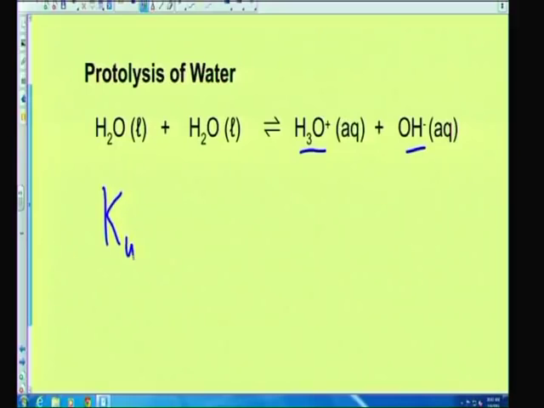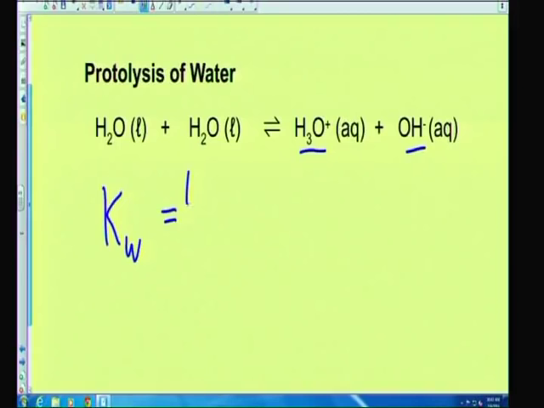Because it's in chemical equilibrium, we can write the equilibrium constant expression for this particular reaction. Because it's water, we write it as Kw.